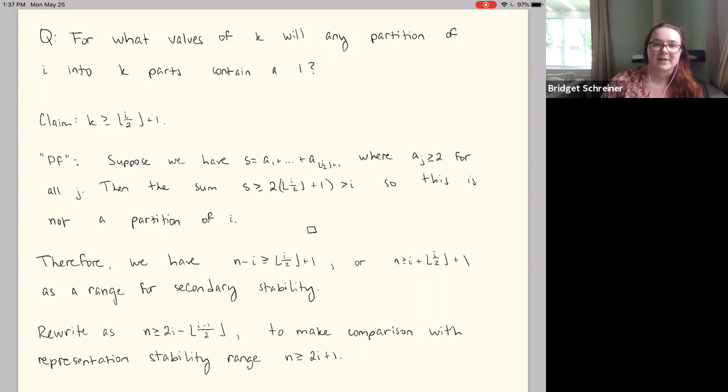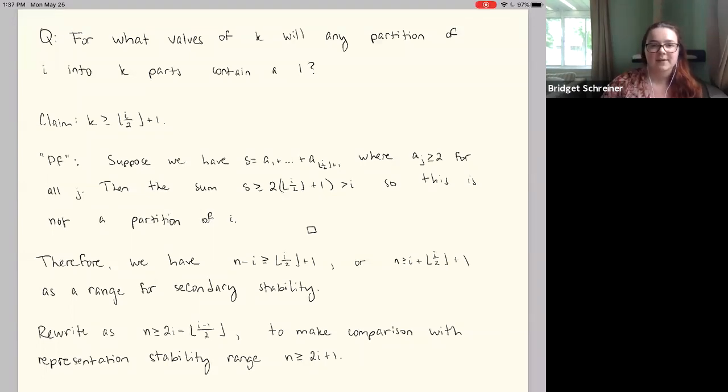It turns out that these are the same. And I prefer to write it as n greater than or equal to 2i minus the floor of I minus 1 over 2, just to make the comparison with the representation stability range more clear. And I'll hopefully get to showing a chart that shows that comparison more clearly later.